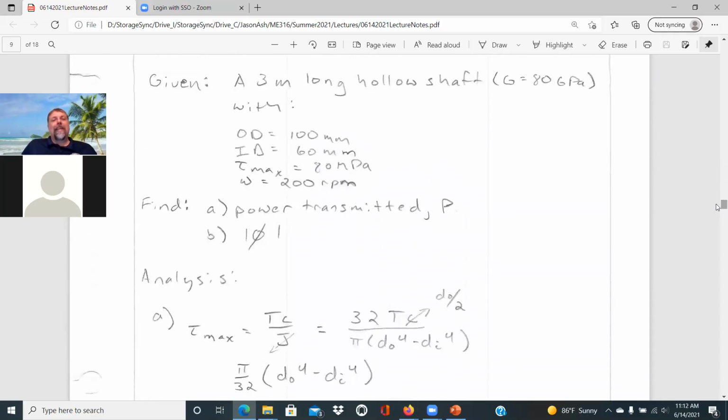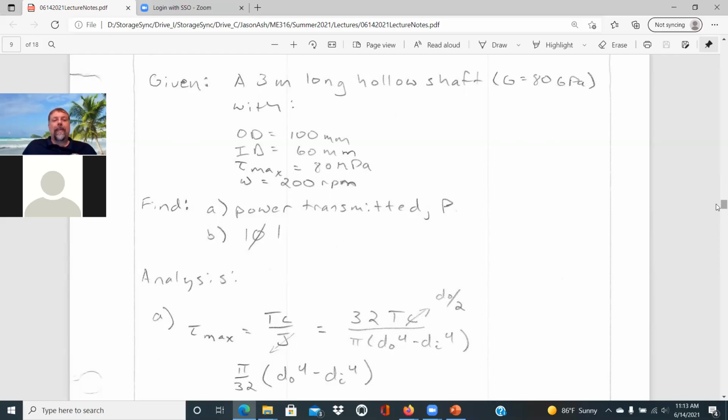And so if we look at an example problem with power involved, say we have a 3-meter long hollow shaft, shear modulus of 80 gigapascals, outer diameter of 100 millimeters, inner diameter of 60 millimeters, and a maximum shear stress that we don't want to exceed of 80 megapascals. That's our limit.